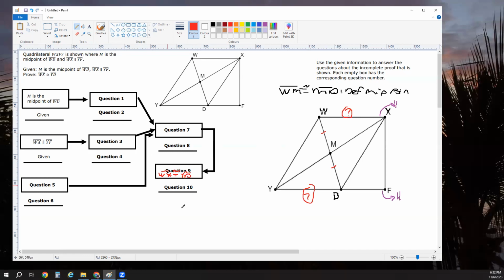That's how you always end the proof, right? That's our goal. Let's do this. Take this and put it here, because that is the goal, right?